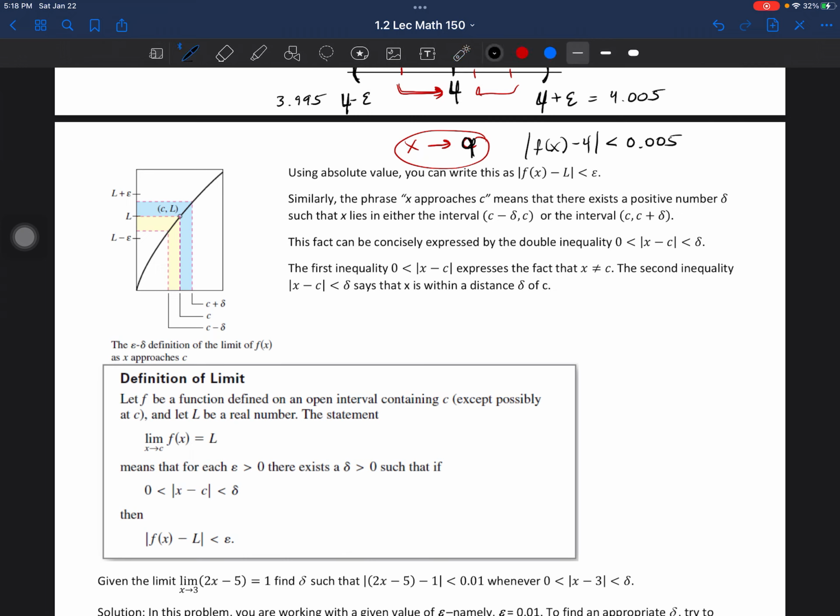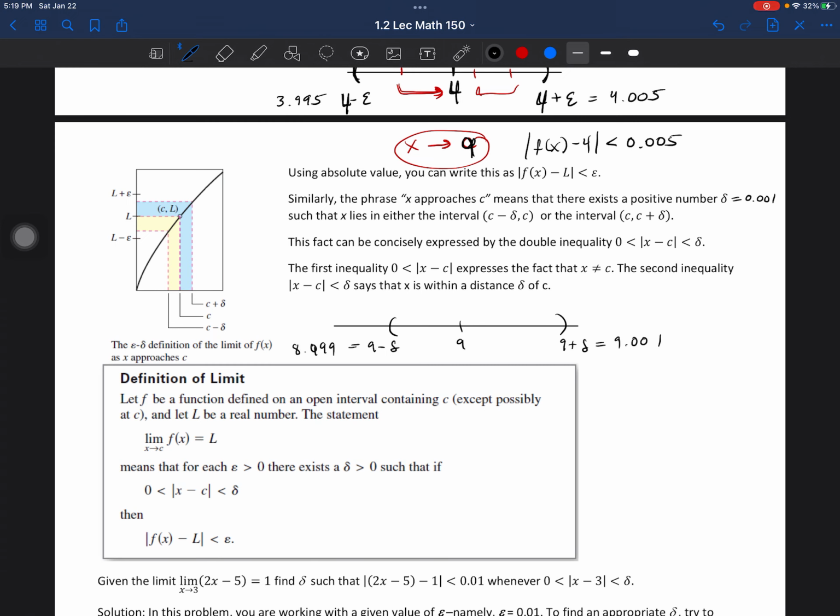In other words, as x approaches 9, if delta is, let's say, 0.001, then we have 9 minus delta and 9 plus delta, and this will be 9.001, and this will be 8.999.